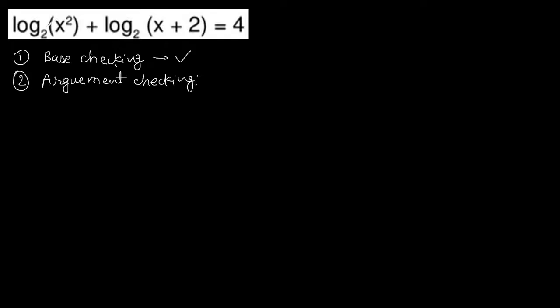So the argument is what? x square should be bigger than 0 and x plus 2 should be bigger than 0. From here, x square is bigger than 0, that means we know to plot the number, it is 0, it will start with plus and stay plus, and 0 is not included.